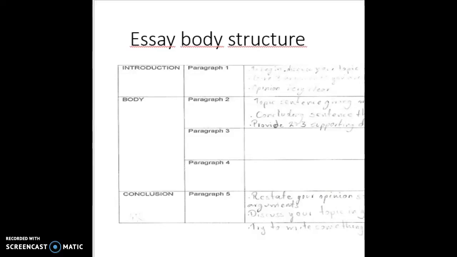The first paragraph is the introduction, then the 3 body paragraphs, where you are going to develop your idea and give details of your idea, and then you have the conclusion, where you are going to restate the main idea of your thesis. Your thesis, you are going to write it in the introduction.